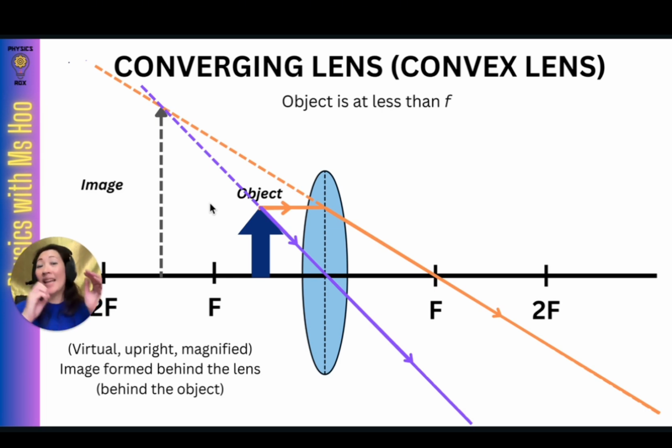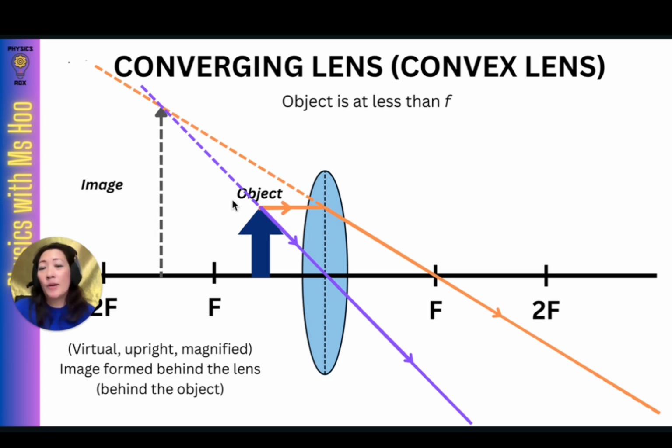Real images can be projected on a screen, meaning you're getting a copy of the original object. Virtual images, however, can only be seen, but they cannot be projected. So it's kind of like they're there, but not really. Like they're not real. So that's why we call them virtual, and that's why virtual images are drawn as a dotted image, because they're not really there.